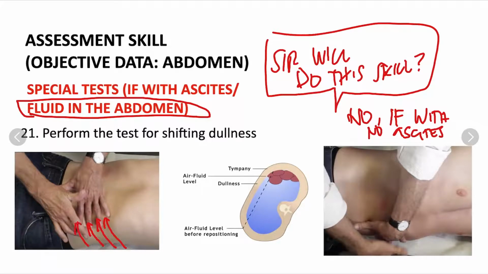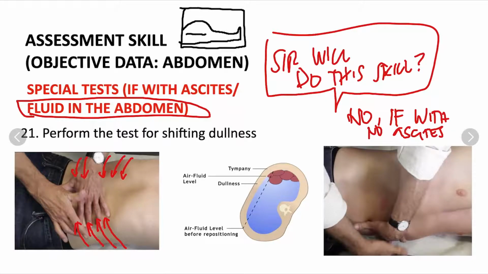So you do outer to inner on both sides first, to locate or estimate the fluid amount, or the extent of the fluid. Okay, usually the patient, let me just draw something here. Usually the patient who has ascites, for example, this is the stomach and here is the foot.